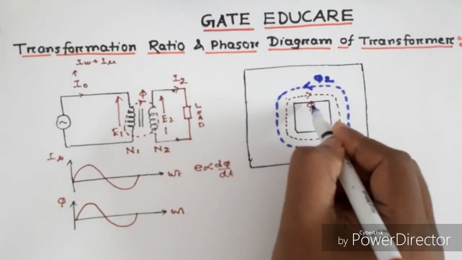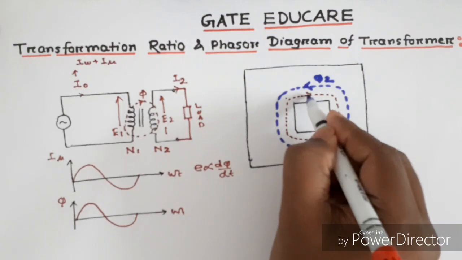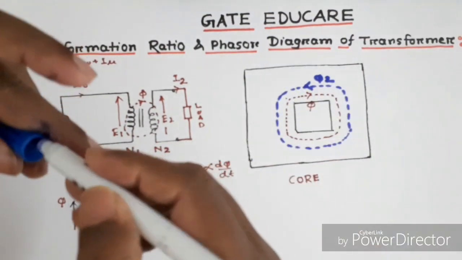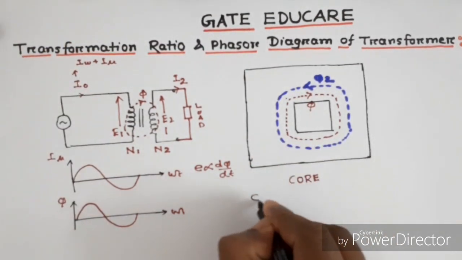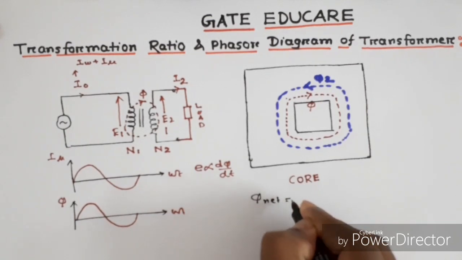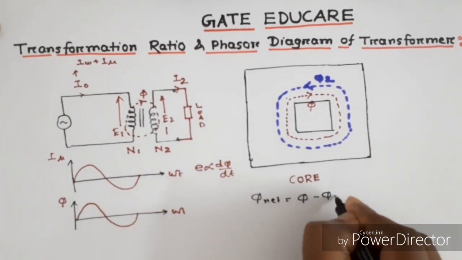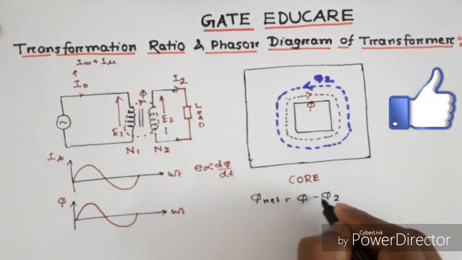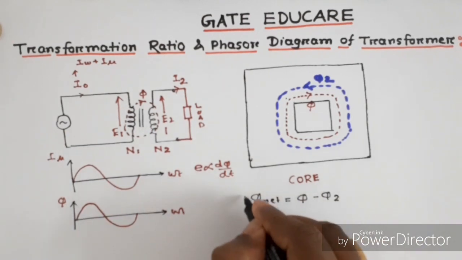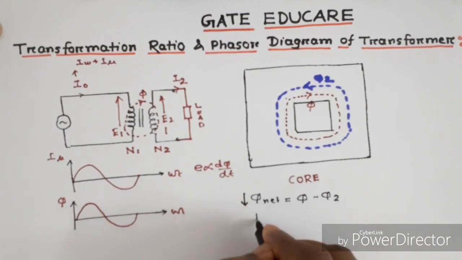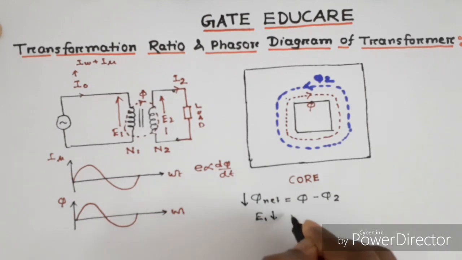If phi is clockwise, phi 2 will be anti-clockwise. Therefore, the net flux through the transformer core, phi net, will be phi minus phi 2. Opposite direction, therefore a minus sign. Since it is opposite, the resultant flux tends to reduce. As a result, the induced EMF E also tries to reduce, and E2 also tries to reduce.